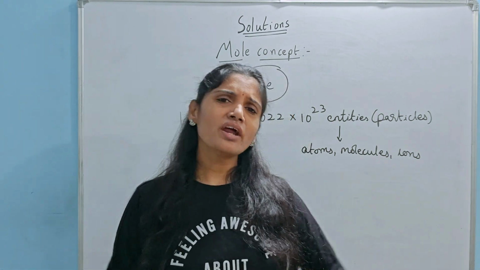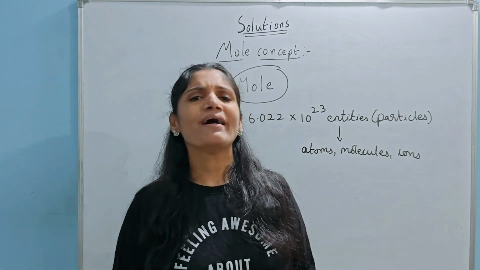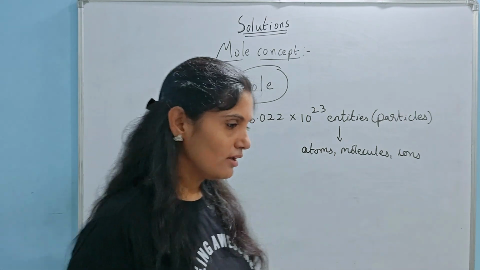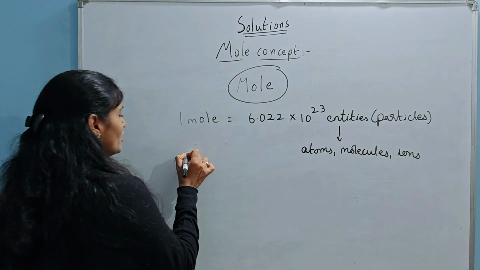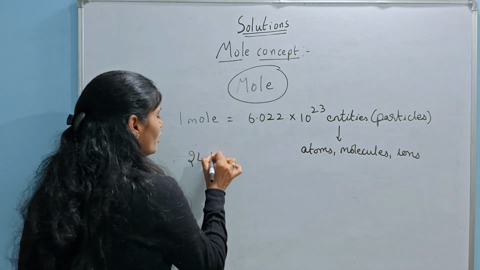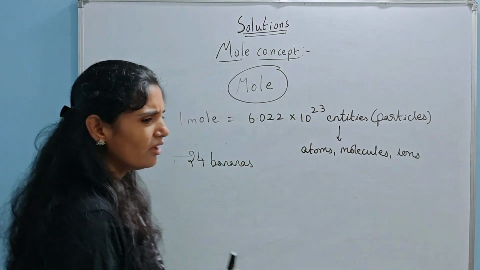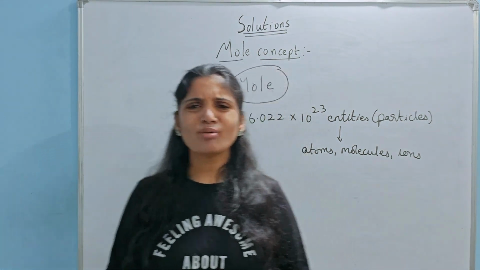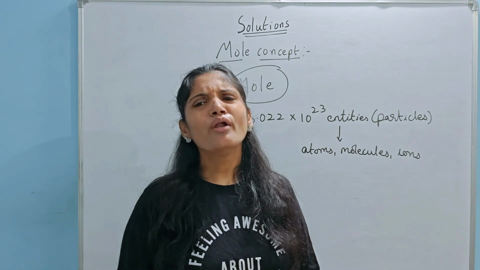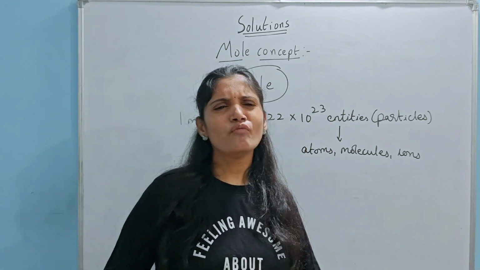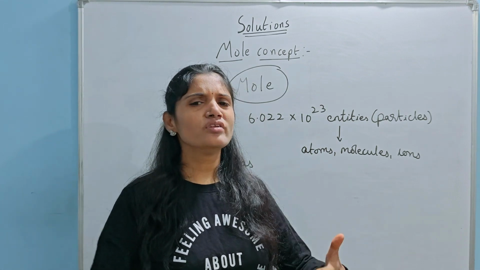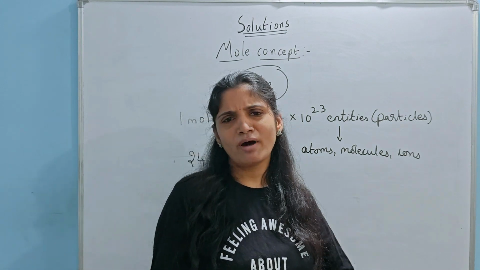Now, let us try to understand this concept a little mathematically. For example, if someone says 24 bananas, we don't usually use this term when we go to a market.